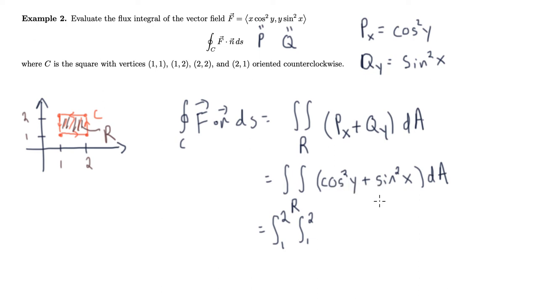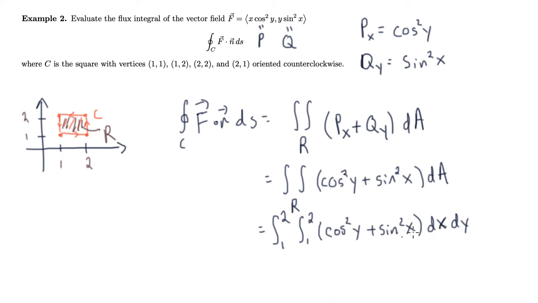But remember, that's only true if the arguments are the same. And they're not here. So we're actually going to have to evaluate these integrals. So we have cosine squared y plus sine squared x, and this will just be dx dy. It's not going to matter which order I integrate, since it's over a rectangle.